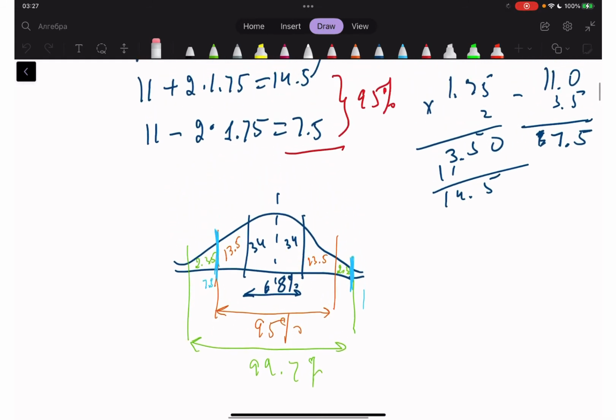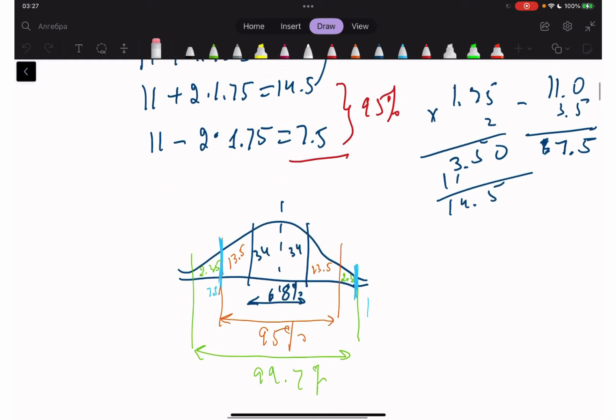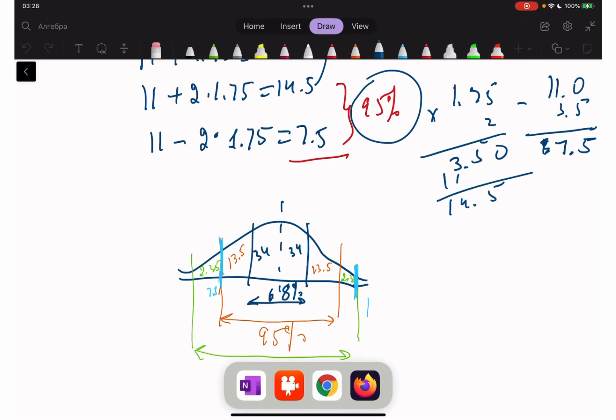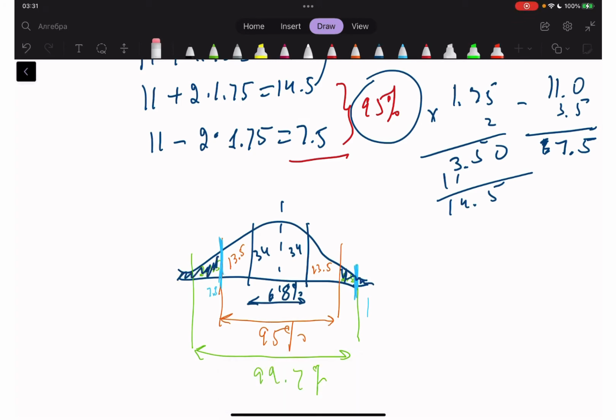Now, since from the previous question we found out that between 7.5 and 14.5 it makes 95%, beyond is going to be the additional 5%, right? So 100 minus 95, 5%. So let's do this: 5% divided by 2, because 5% is for both sides, right?